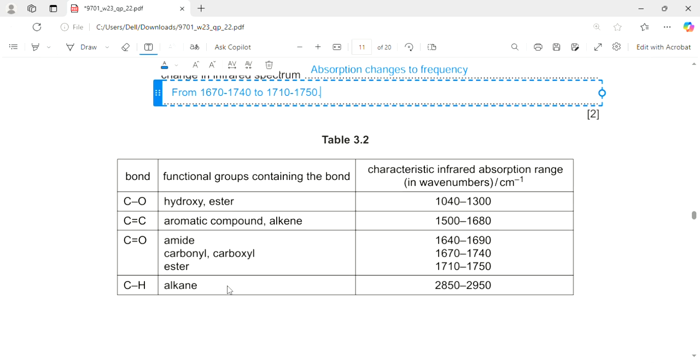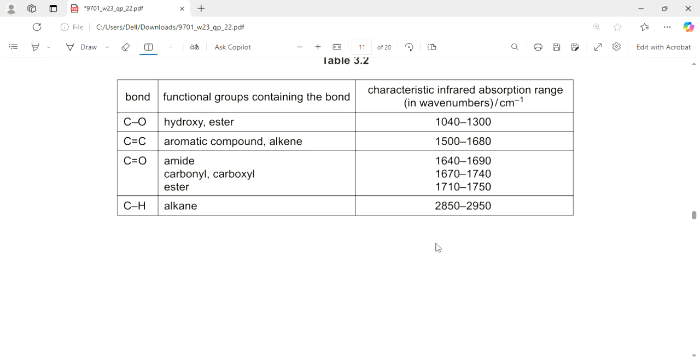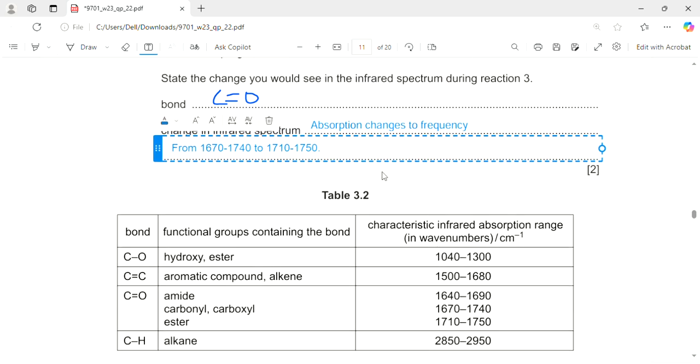Yes, from this to this. Okay, we have done with this.